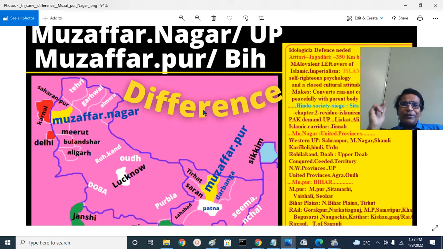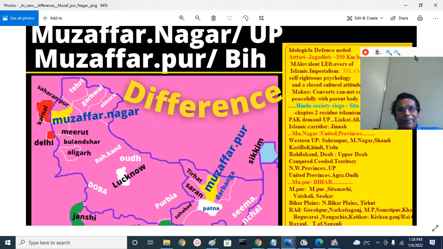And there is also Muzaffarabad, which I have covered in the Kashmir region; in the other presentations you can look in the playlist. So this is the Doab region.